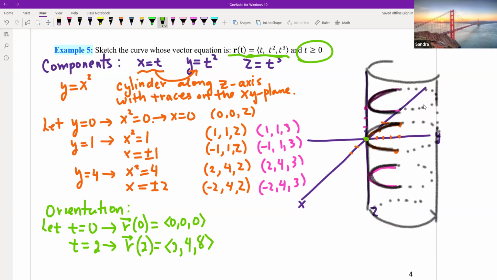So x is 2, y is 4. So x is 2 is here, y is 4, we're here. We're talking about almost the same height right here. And then my z is at 8.